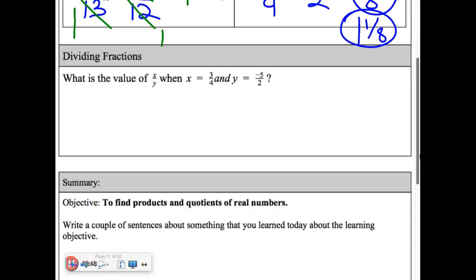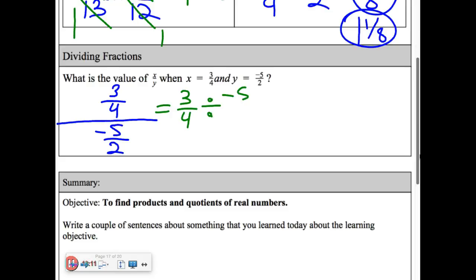I'm going to replace the x with 3/4. So I'm going to have 3/4, we have this fraction bar, and negative 5/2. Now, a reminder, the fraction bar is really just another way of saying divide. So I'm actually going to rewrite this in a way that we've been working with all day today. I'm going to rewrite this 3/4 and change that to the divide sign. And I have negative 5/2.